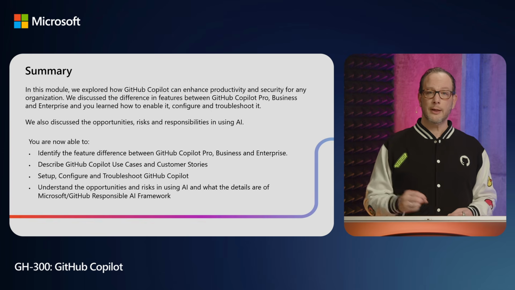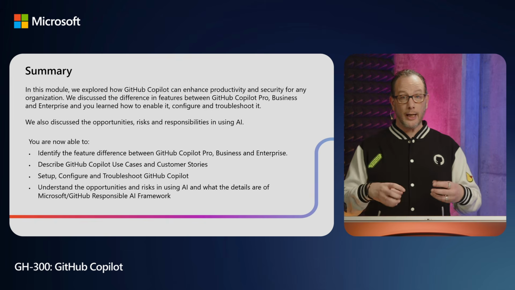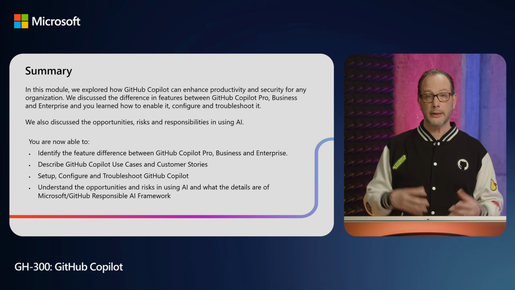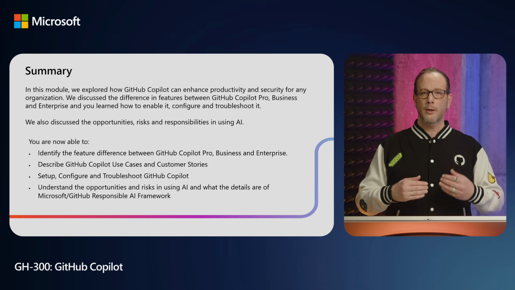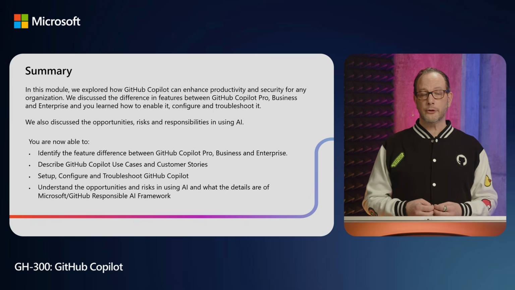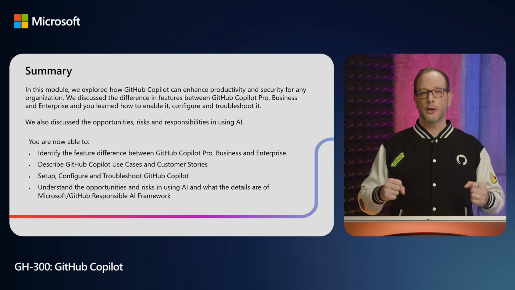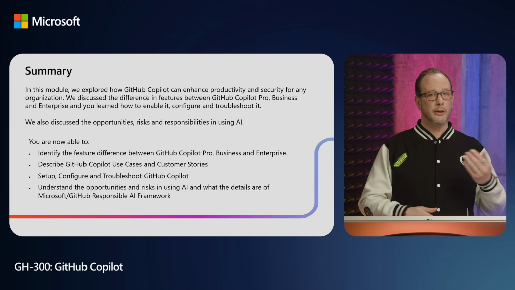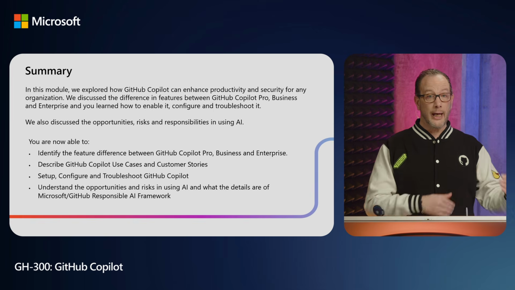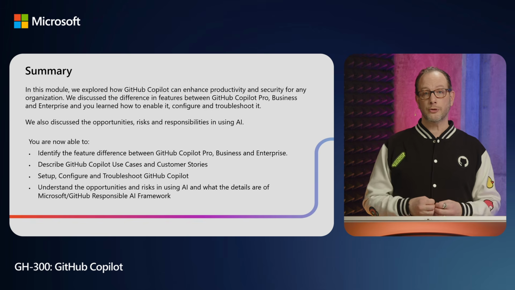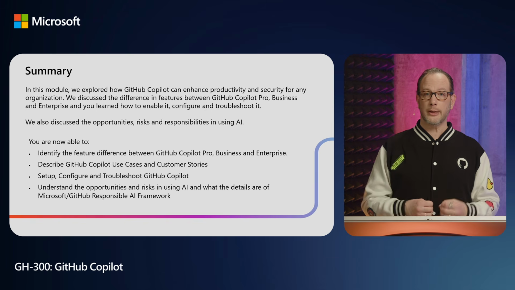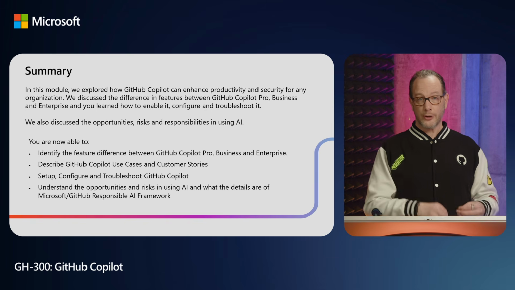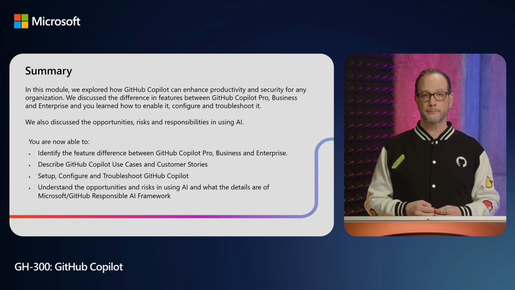Most importantly, I wanted you to understand how to use Copilot confidently and safely. By combining productivity gains with strong governance, troubleshooting skills, and responsible AI principles, you and your development and DevOps teams are well positioned to start adopting GitHub Copilot as your trusted development companion.